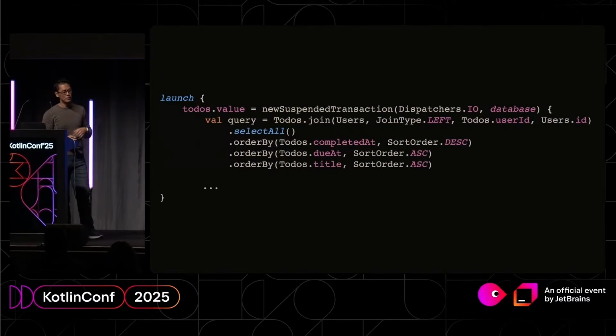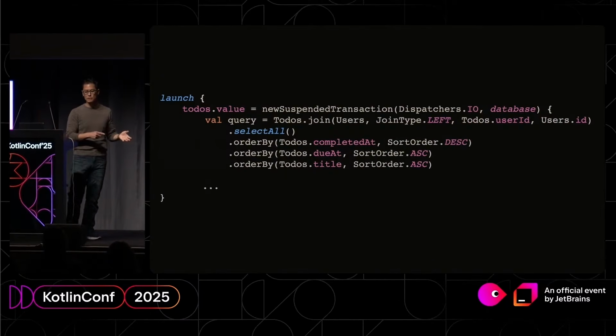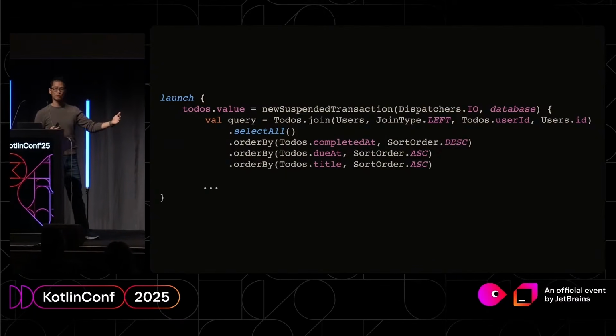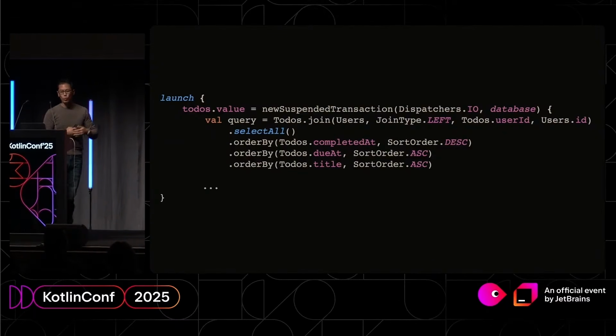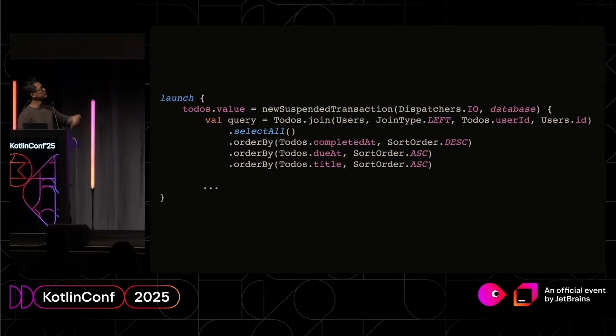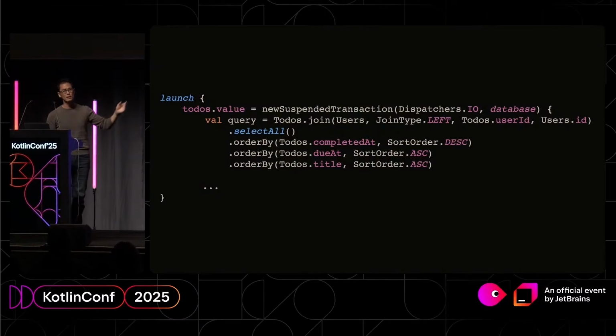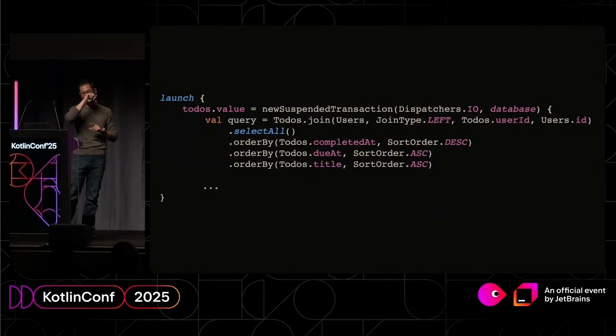So my version of it, the DSL version that I'm showing and going to continue to show through the rest of this talk, while it's a little bit more verbose, it's much clearer, right? You know exactly what's going to happen here. It's going to join to the users table, it's going to select all, and then it's going to do some order by. This is a trivial example, but if you had multiple joins, if you had lots of additional where queries that were dynamically added, this is going to get you there much easier and much more clearly than having to look at the entity classes in the DAO version.